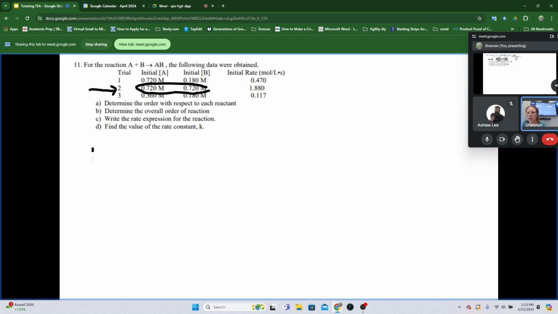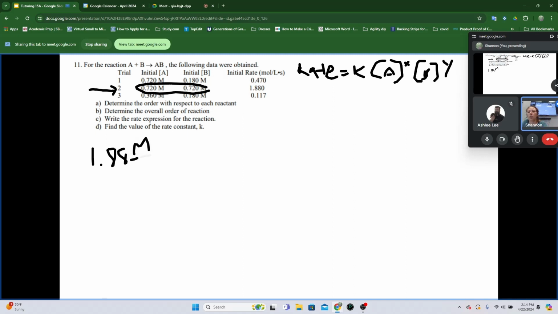So my rate is 1.88, okay? And just a reminder, our equation is rate equals k times A to the x times B to the y. That's where I'm pulling these numbers from, okay?